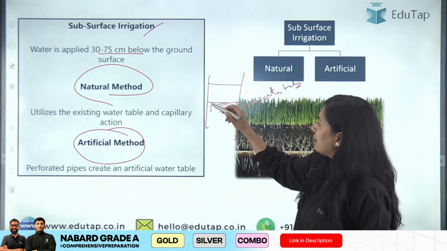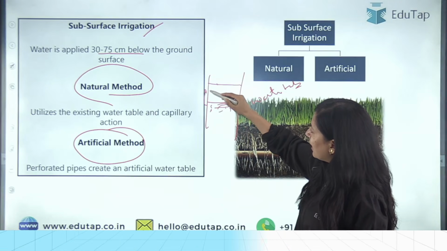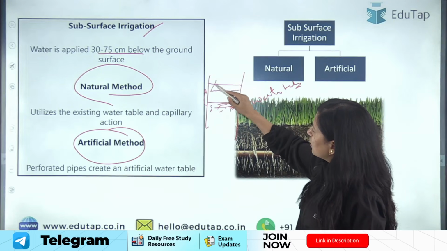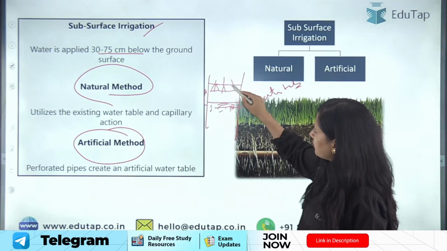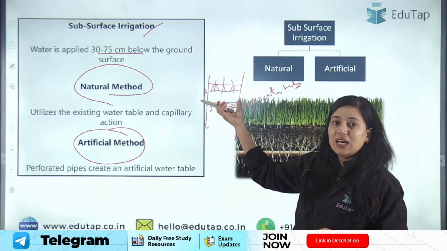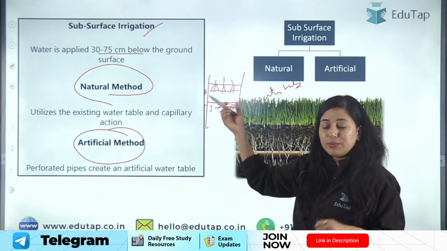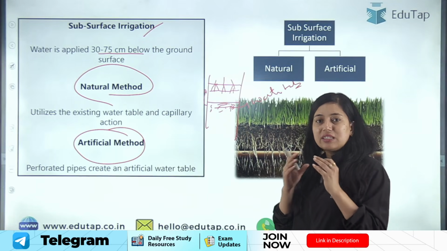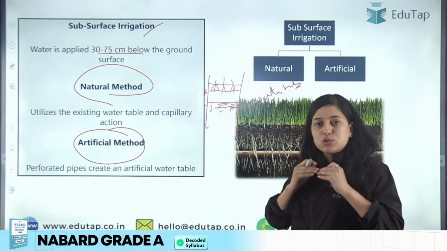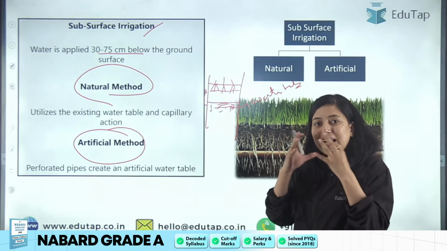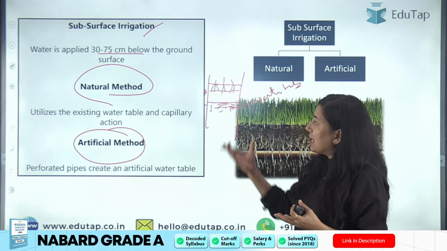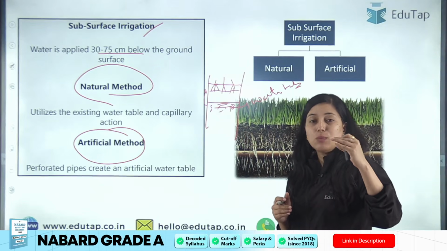If this water table is high enough to reach the crop, the roots can directly absorb water from the water table. So this is a natural method, where water is naturally present at the subsurface level and is absorbed by the crop. But if the water table is not that high, what will we do?